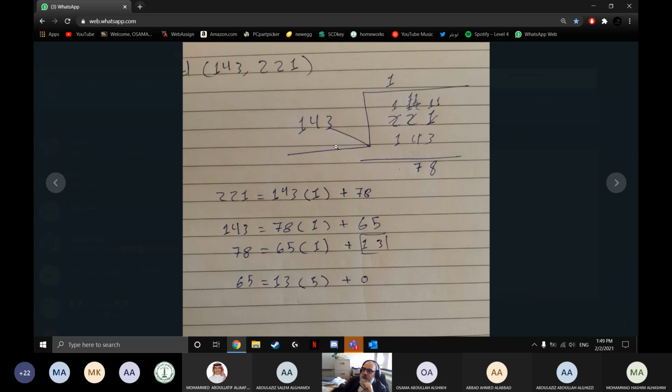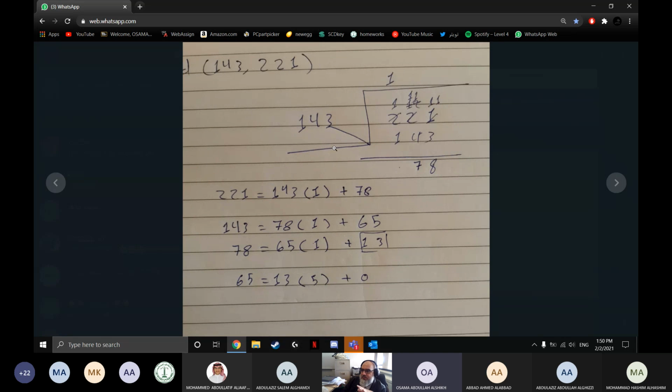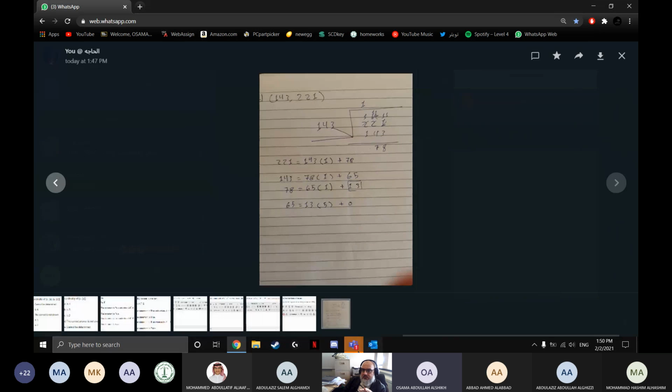So inshallah, what we will do next week, we will see how we can write the greatest common divisor between two numbers as a linear combination of the two numbers.